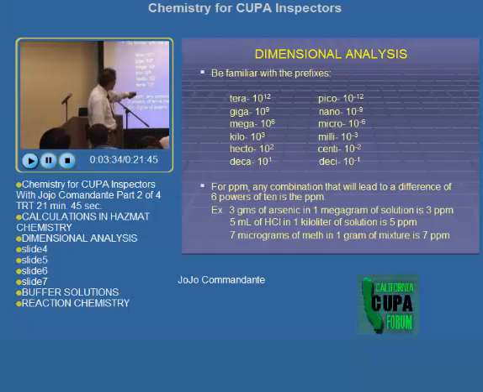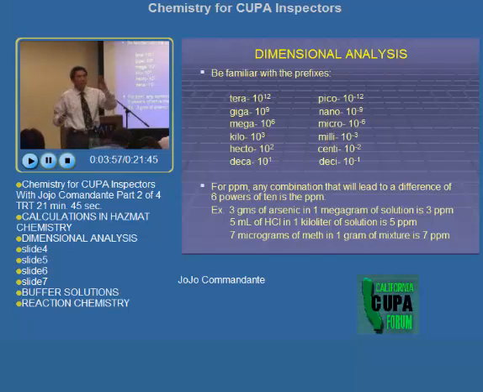Why? Because 1 megagram of solution is 10 to the 6th power already, right? Mega, 1 megagram is 10 to the 6th, and gram is the unit of measure. So 3 grams per 1 megagram, already 3 ppm.